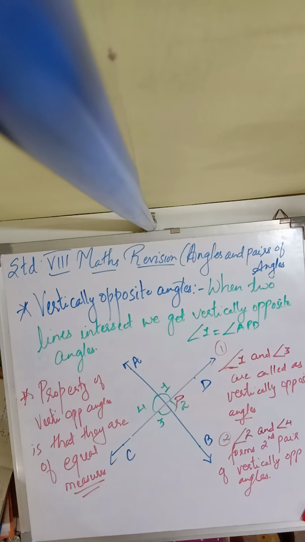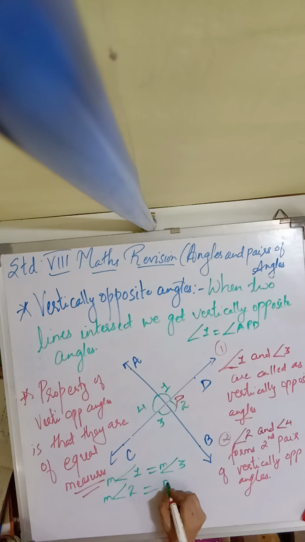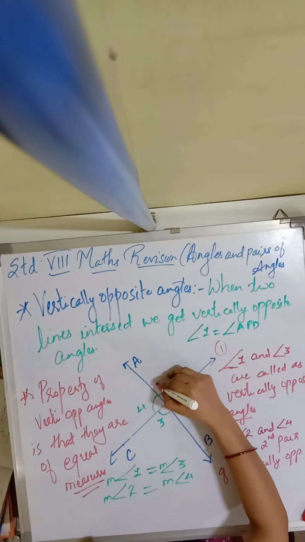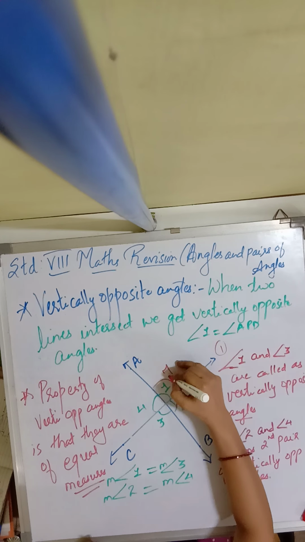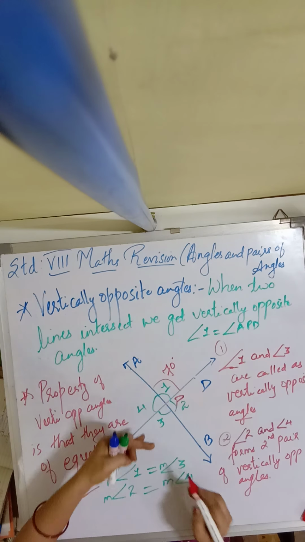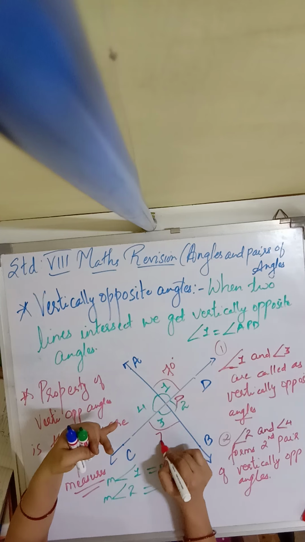Now what is meant by equal measures children? It means that your angle 1 is equal to angle 3. That means measure of angle 1 is equal to measure of angle 3 and measure of angle 2 will be equal to measure of angle 4. Clear children? Suppose my angle 1 is, for example, 70 degree, then children my angle 3 also will be 70 degree.